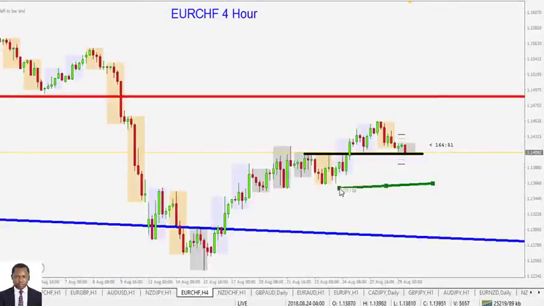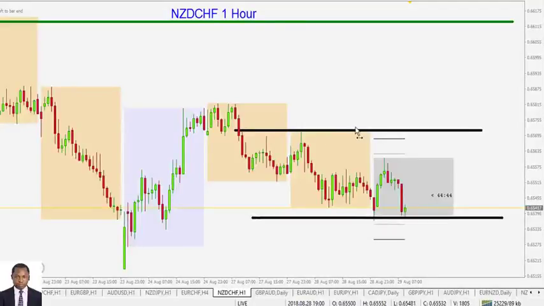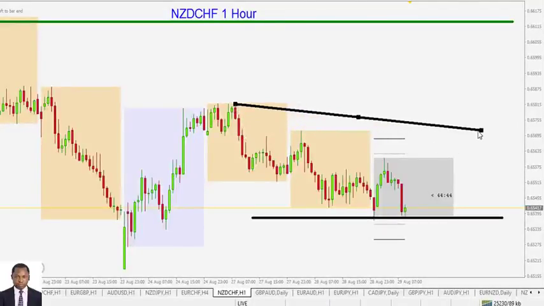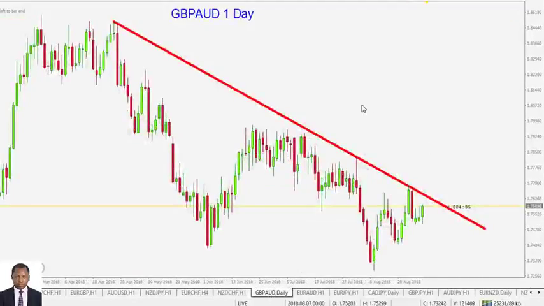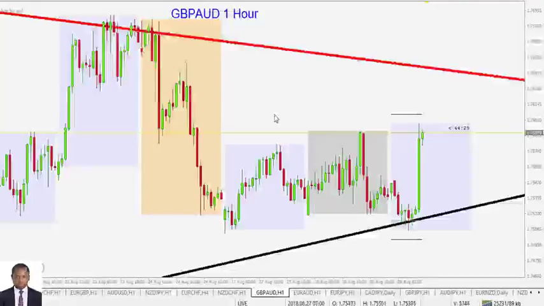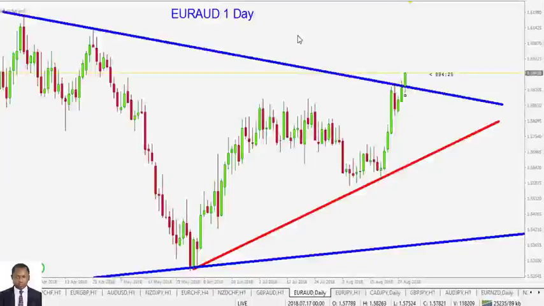Really nothing to trade here. Okay, New Zealand dollar against the Swiss franc, sideways market. I really do not waste my time analyzing those pairs without clear directional bias. When I see something that looks interesting, I spend my time on it.